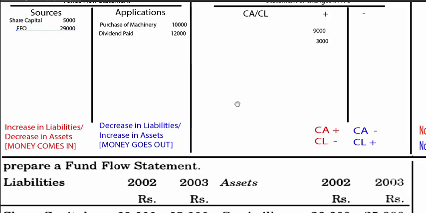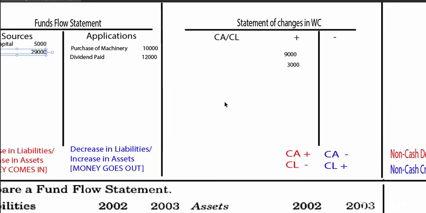And let's come to statement of changes in working capital. The assets, the plus side is more, which basically means there has been an increase in working capital. Current assets is more, it means an increase in working capital, and that will be the balancing figure. So that is 9 plus 3, 12,000. And once we do that, this gets tallied.